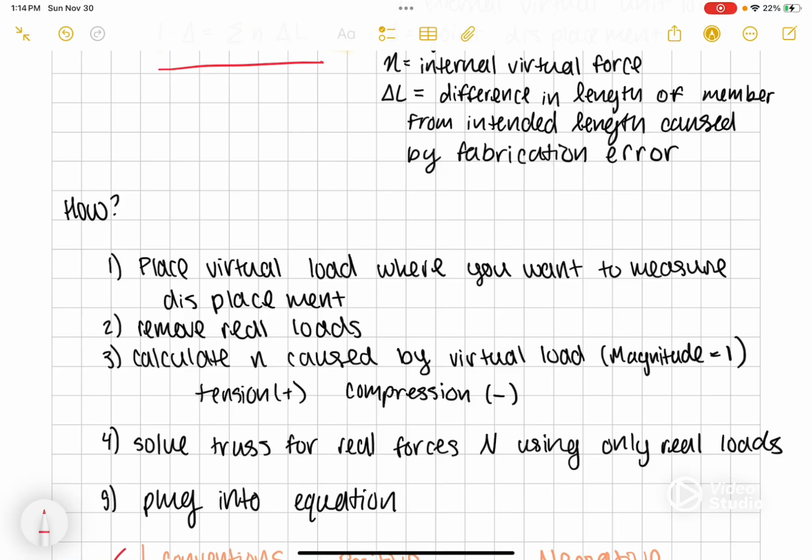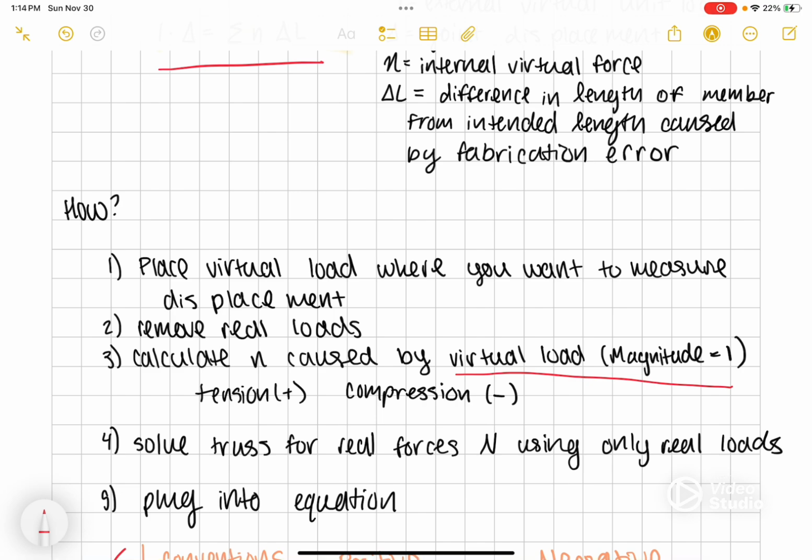Step 2, we're going to remove the real loads and solve that truss problem with just the virtual load. So the virtual load always has magnitude of 1, and you can think of it as giving you a percentage of how much each beam is going to go down at that one spot, right?